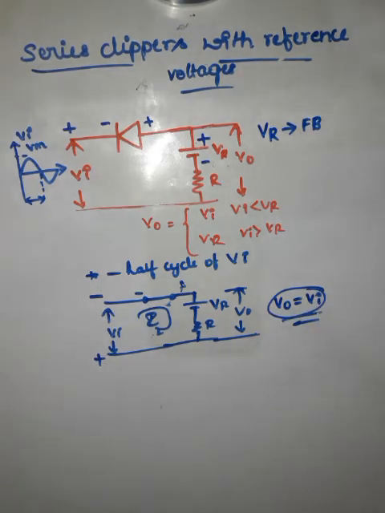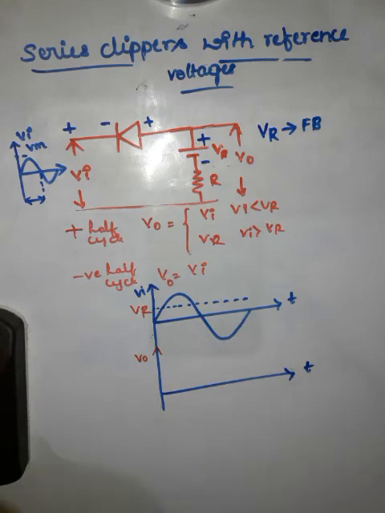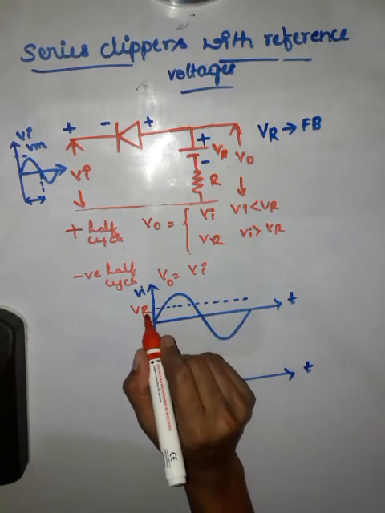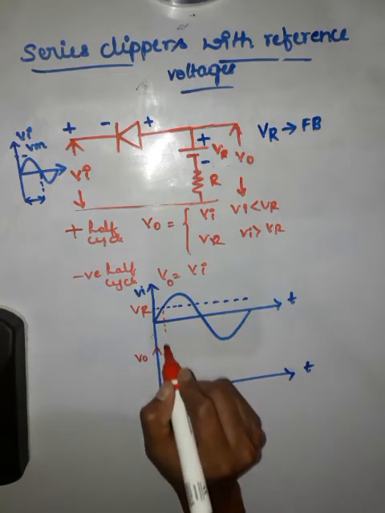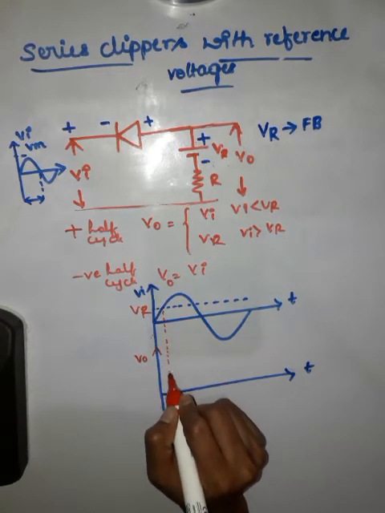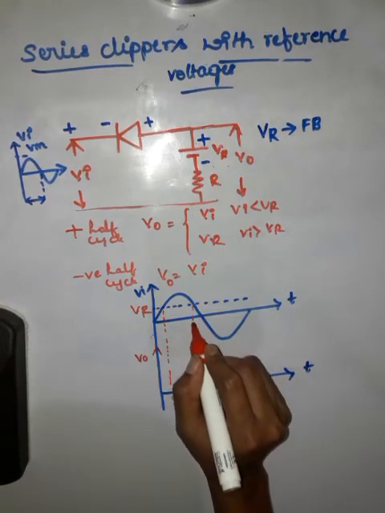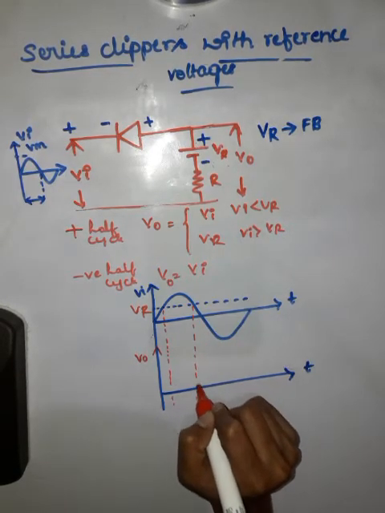I am going to draw the waveform for both the positive and negative half cycles of the input signal. So this is the input waveform. I am going to represent the reference voltage, so I am going to draw the line here.